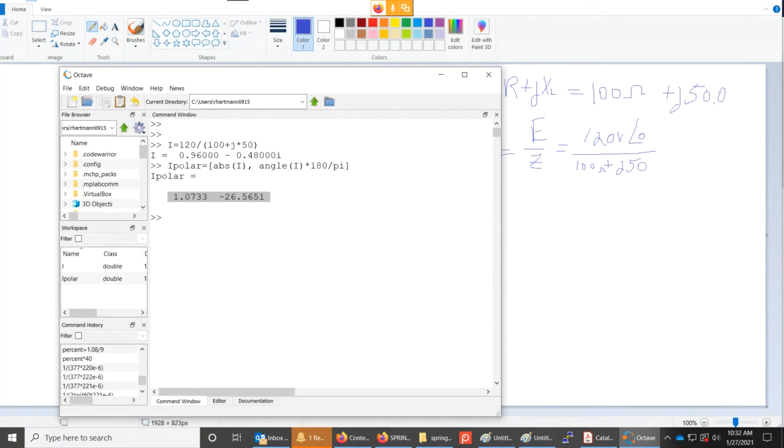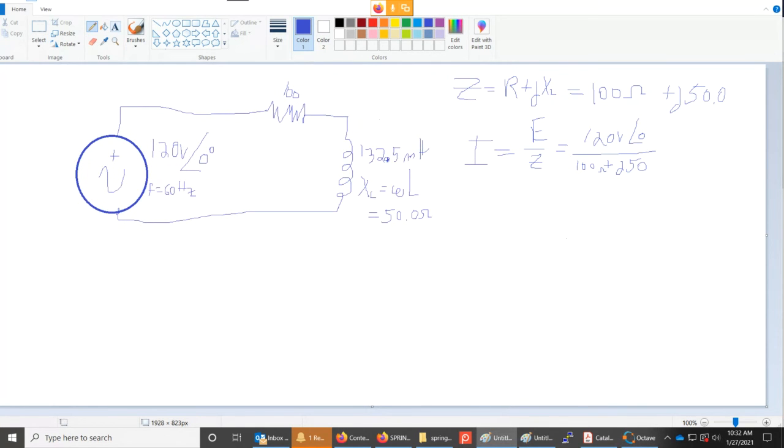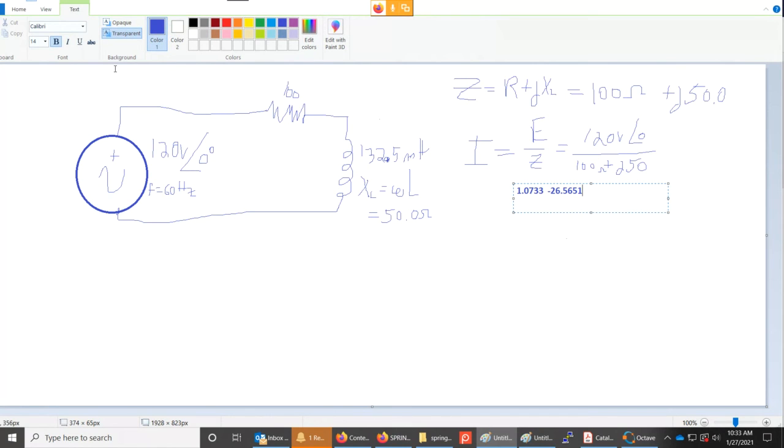So the polar form, my current now is 1.0733 at an angle of minus 26. So I'm just going to paste that over here. Okay, and that is in amps.